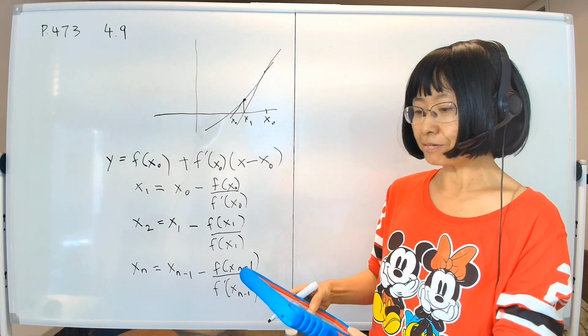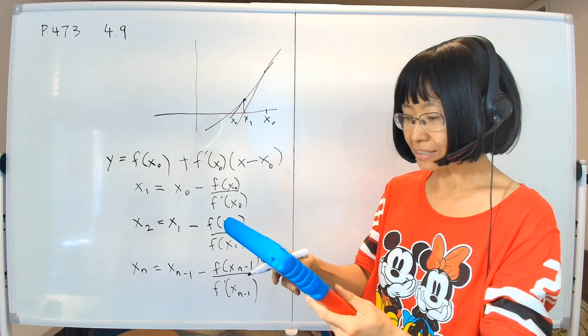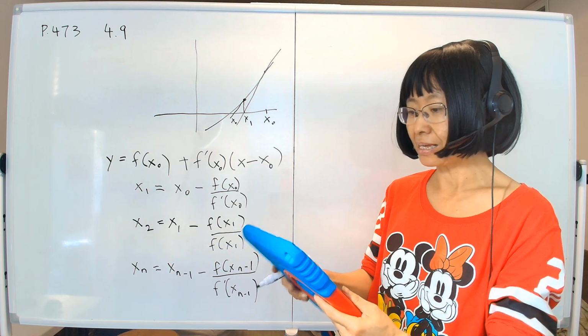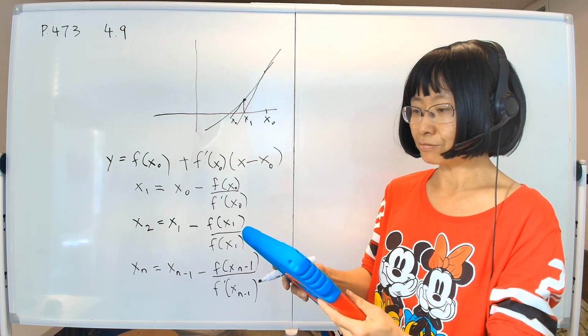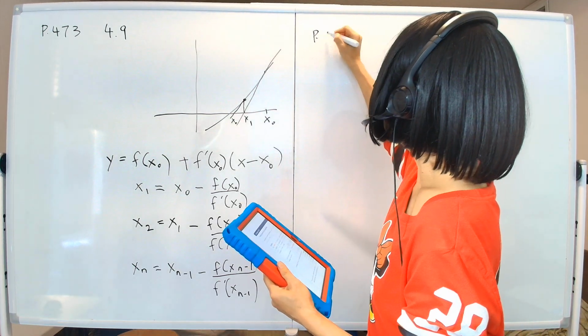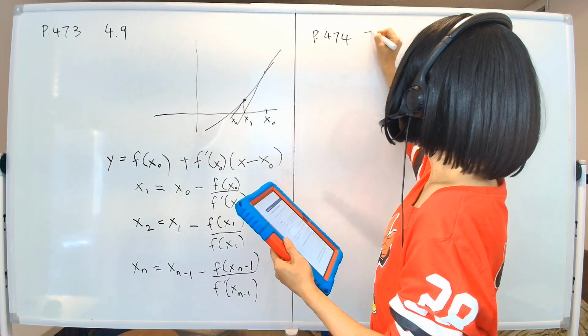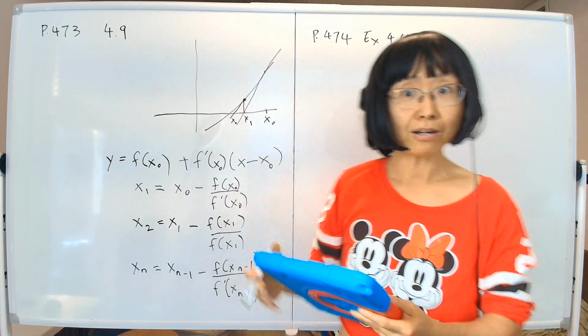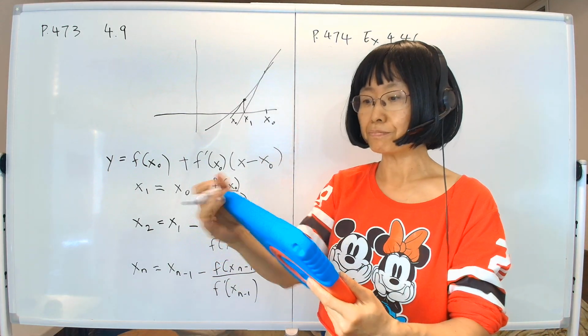The example 4.46 is exactly what we're talking about. You have some polynomial, okay, x cubed minus 3x plus 1. I'm at page 474. I should write that down. This is example 4.46, which is for your homework as well, but I'll talk about it briefly.